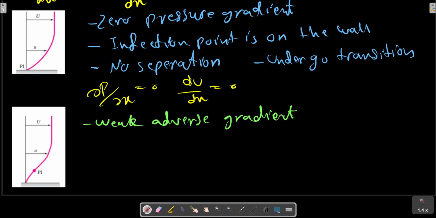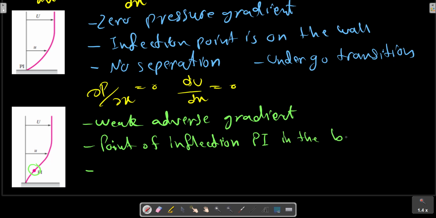In this case, a point of inflection occurs in the boundary layer, as shown in the picture, with its distance from the wall increasing with the strength of the adverse gradient.